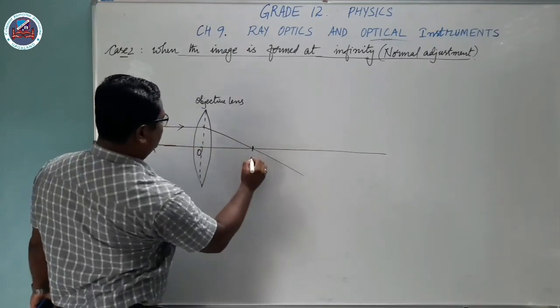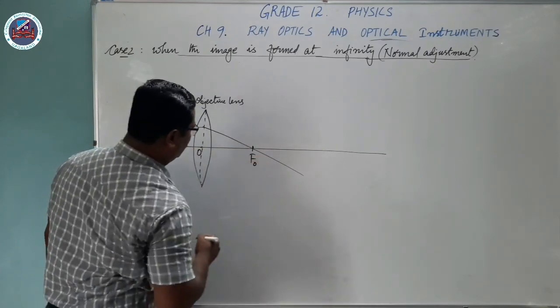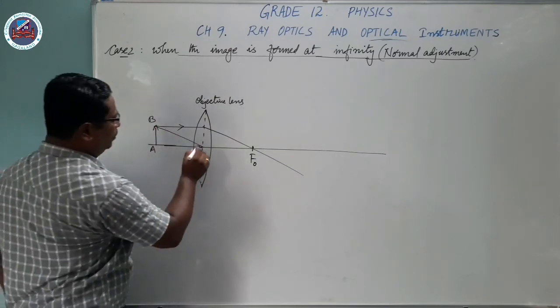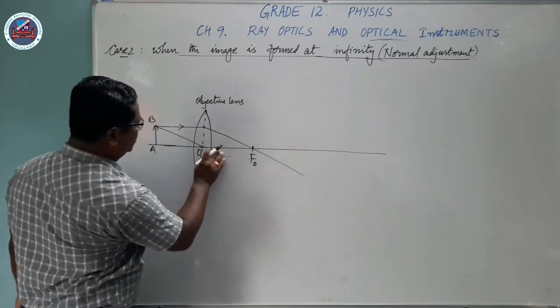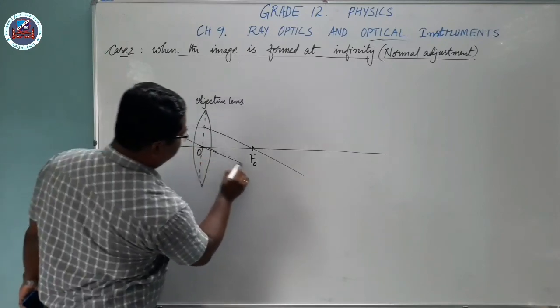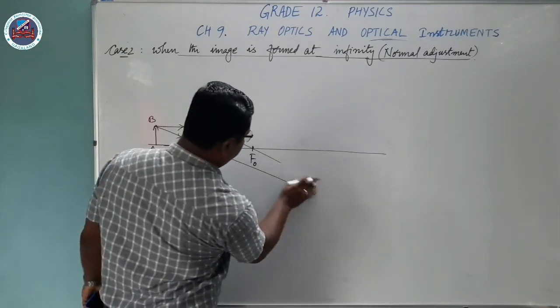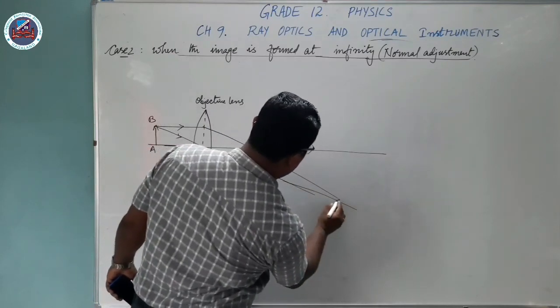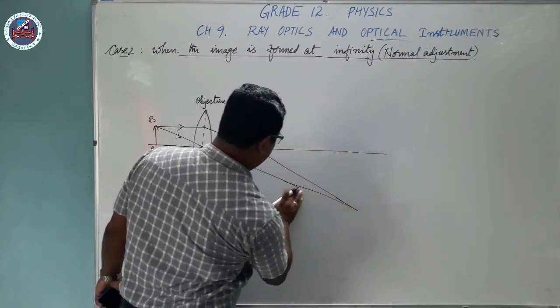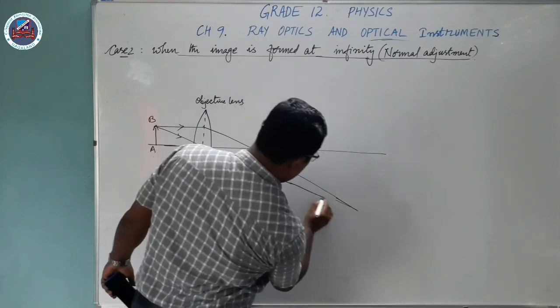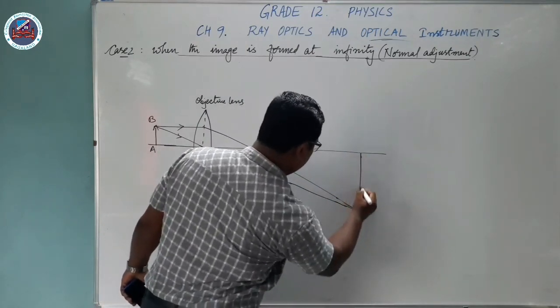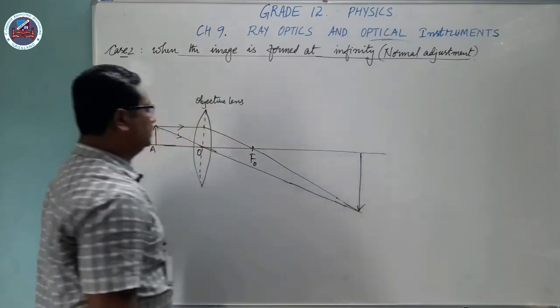It will pass to the principal focus of the objective lens. The second ray, if it goes through the optical center, then it will just pass straight. The two will come and intersect at a point. That point will be the formation of image.